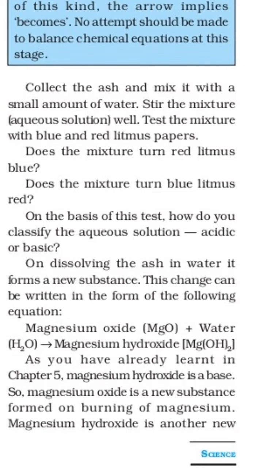Magnesium oxide is formed when magnesium burns, and magnesium hydroxide is another new substance formed by mixing of magnesium oxide with water. Here in this activity two new substances are formed. When magnesium burns, we get magnesium oxide, and when magnesium oxide is mixed with water, we get magnesium hydroxide.